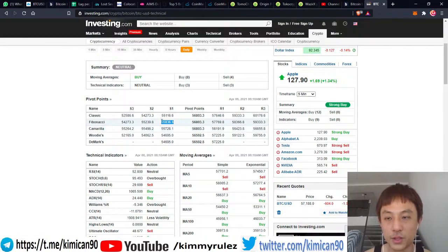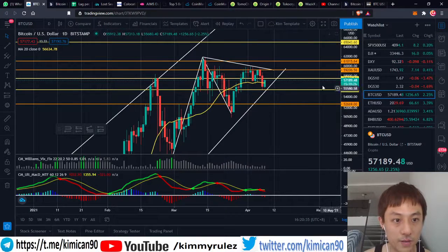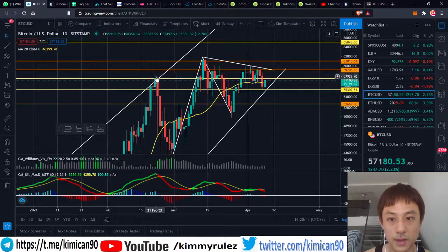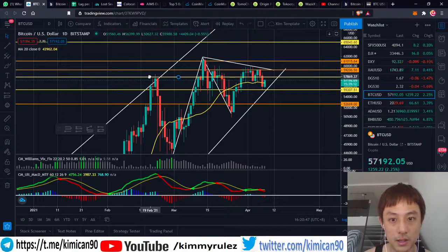For example, this 55836. Yeah, it is this yellow line of mine, almost there. So this is a good line as it matches this line here. I might change my line here as well. For this yellow line, the bar chart came up here, touched it, and didn't break over the line. It came down, and then over here again.